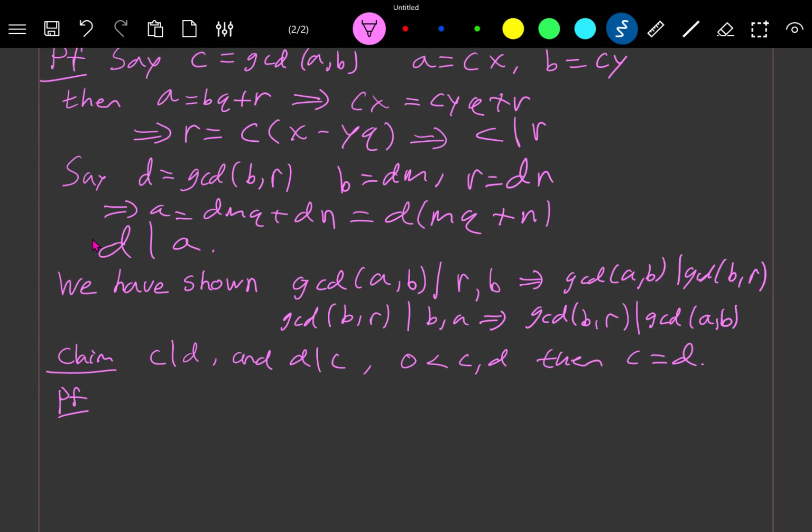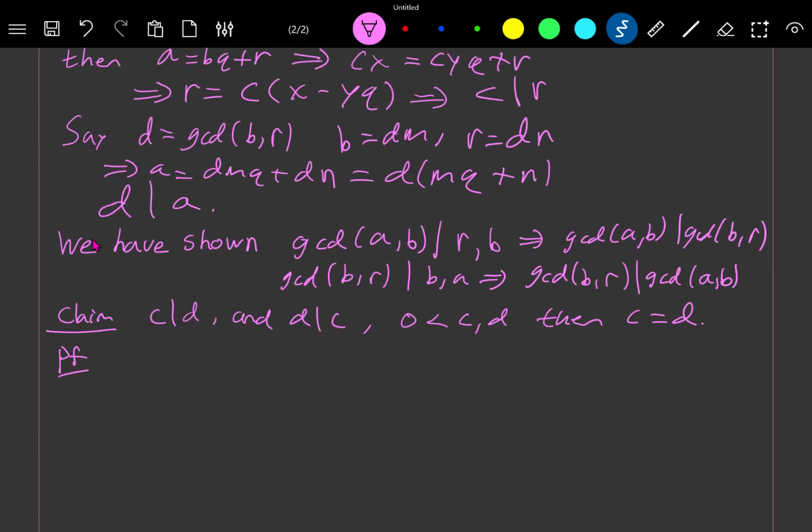So what does this mean? Well, since C divides D, we have C is equal to D times X, but similarly, we also have D is equal to C times Y.